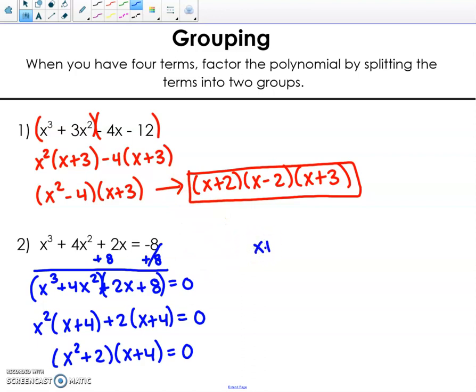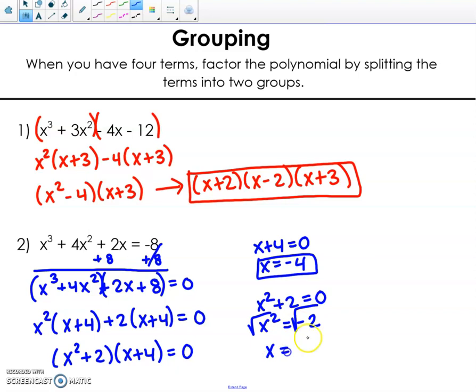We'll start with the x plus 4. If we set that to 0, we get x equals negative 4. Then if we take x squared plus 2 equals 0, subtract the 2, so x squared equals negative 2. Then we have to take the square root. When we take the square root of anything, we get plus or minus in front.